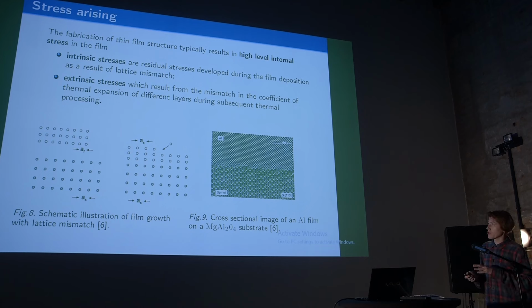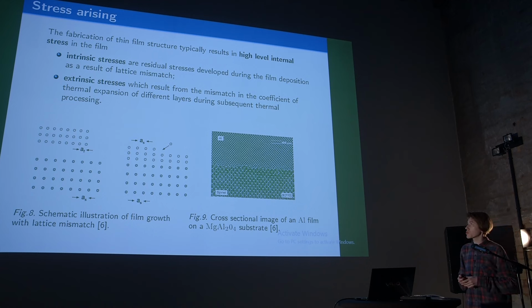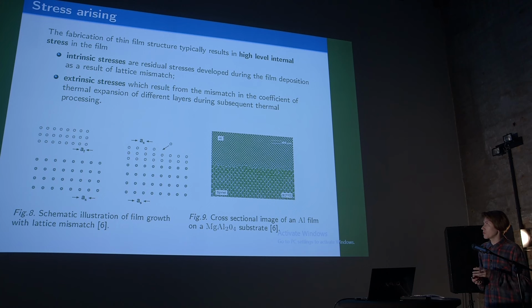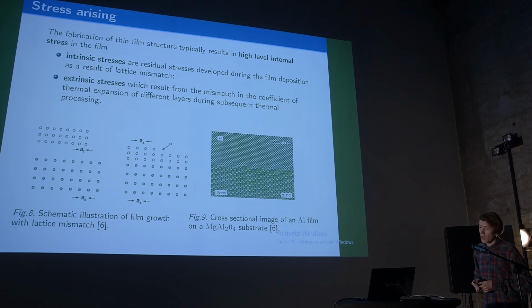Also, we have another kind of stresses. It's extrinsic stresses, which result from mismatch of thermal coefficients. For example, if we want to anneal this structure, one material will deform much more than other materials, so we have stresses in this region also.